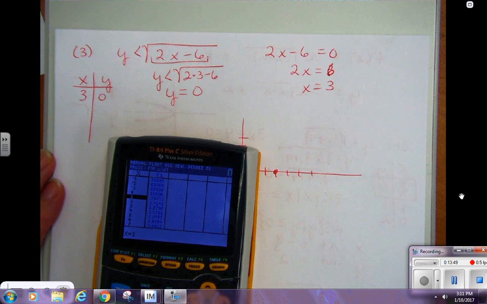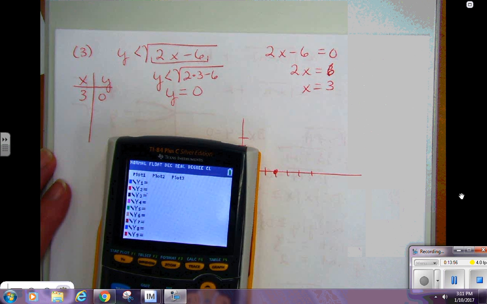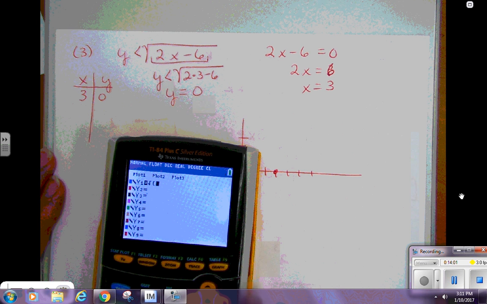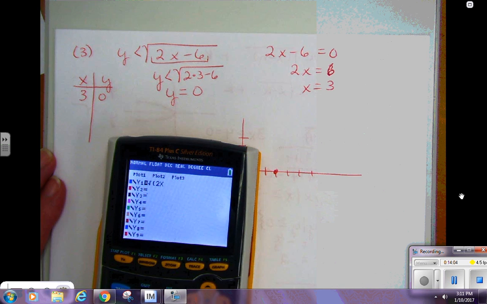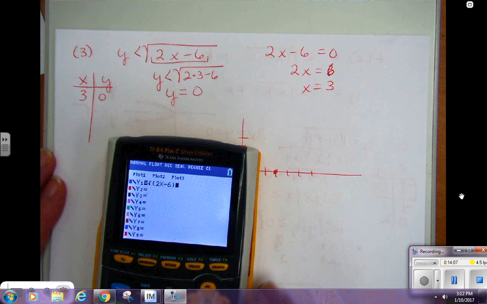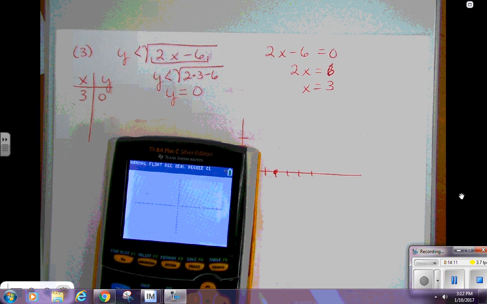If you want to think of your own values, that's fine, but just for convenience, you might want to get your table from the graphing calculator. I'm not going to worry about the inequality whenever I'm graphing it here.